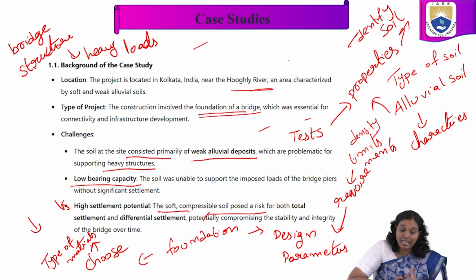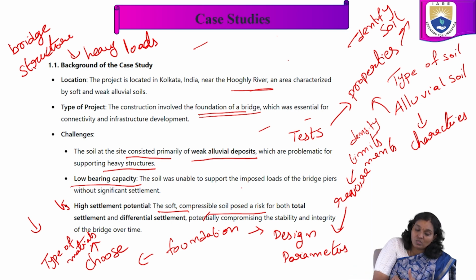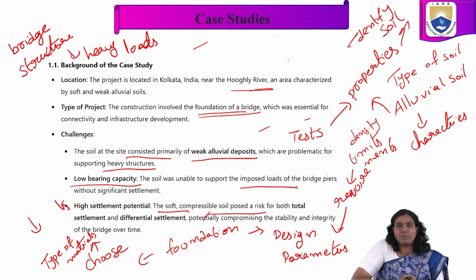The soil was unable to support the imposed loads of the bridge piers without significant settlements. So we have to concentrate on this challenge. The soil must be stable to support these imposed loads of the bridge piers without significant effect. Using the required ground improvement method, we have to choose.